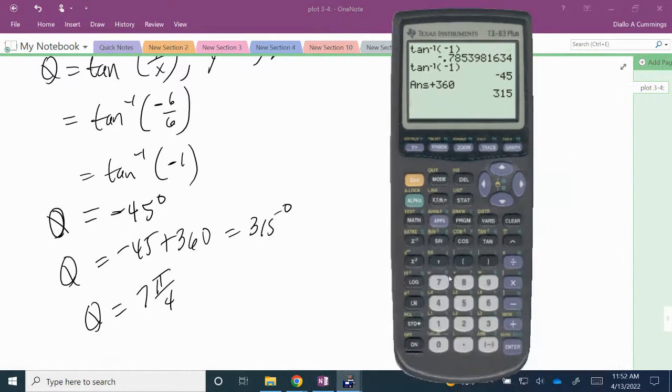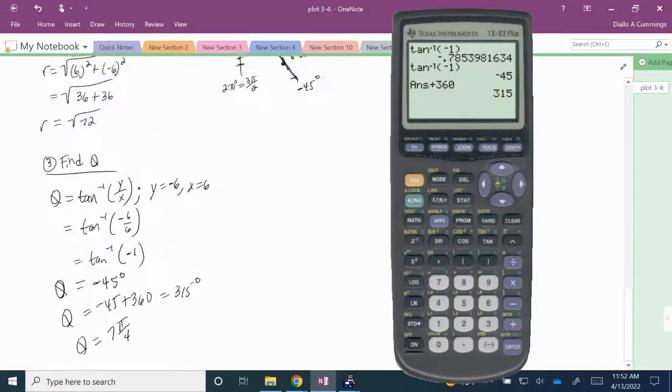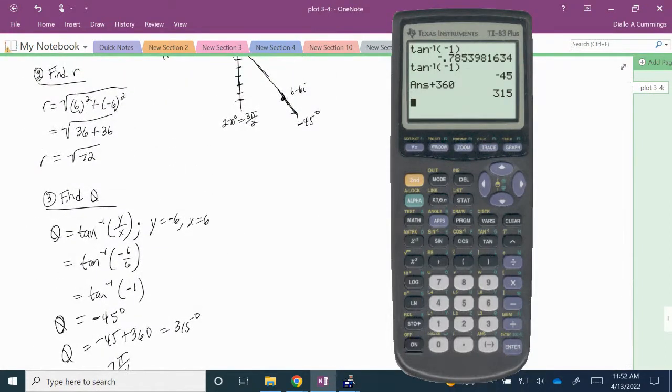I could also use the calculator functions 5 and 6. So I'll run through those using the calculator. I'm going to go back into angle and use the fifth option, which finds the absolute value.